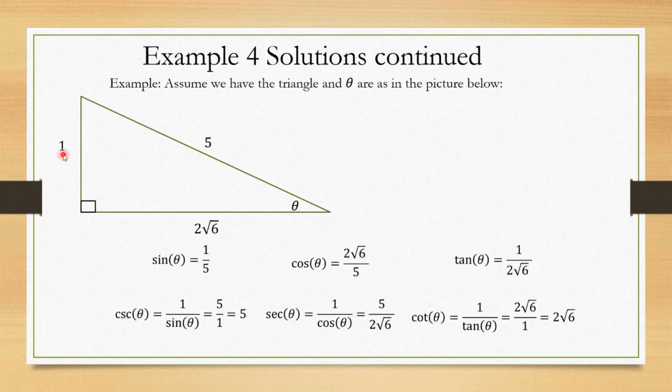And tangent is opposite over adjacent, which is 1 over 2 radical 6. Cotangent is 1 over that, which is 2 radical 6 over 1, which is just 2 radical 6.